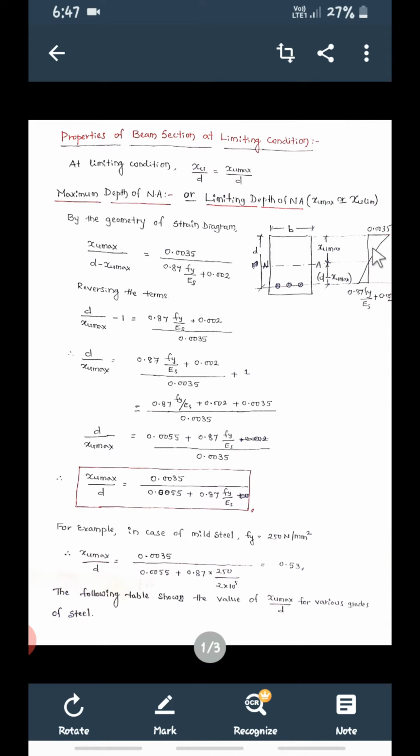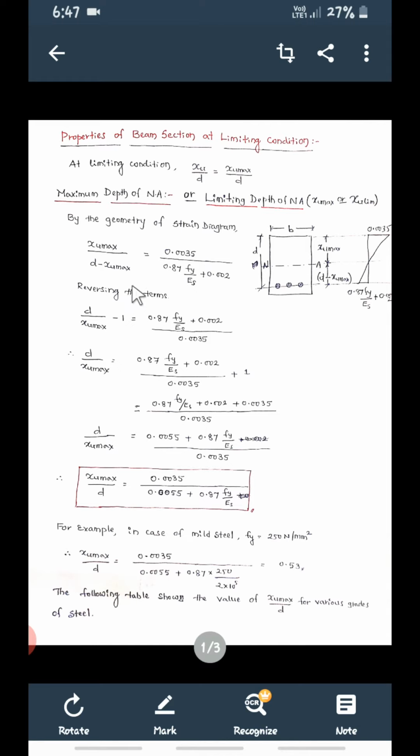This is equal to the strains: 0.0035 for the first, and 0.87 Fy upon Es plus 0.002 for the second. So xu max divided by d minus xu max is equal to 0.0035 divided by 0.87 Fy upon Es plus 0.002.